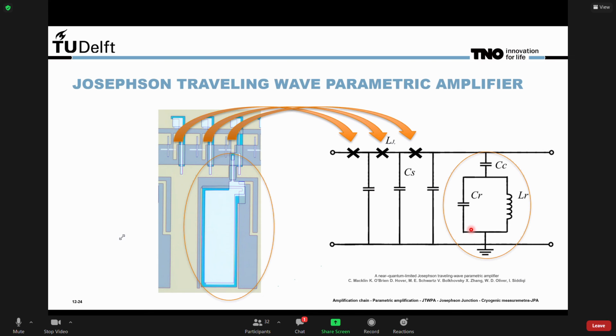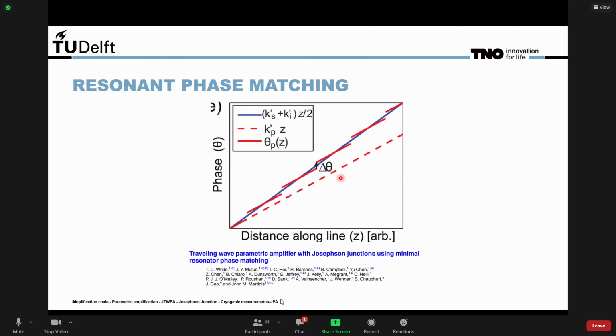Yeah, exactly. If we use a strong pump next to a weak signal, the phase of the weak signal is altered and changed. So we need a technique that kicks back the phase. I have a slide for this. Here.